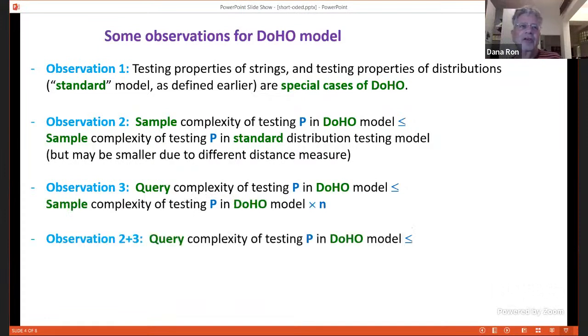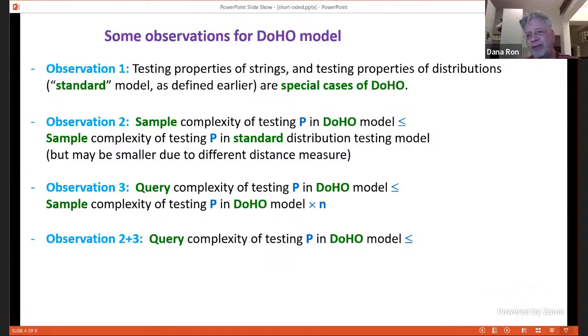Okay, so the third observation is really a triviality: what we really want to study is not so much the sample complexity in the DoHO model, which was the subject of the previous observation, but rather the query complexity in this model. And there is an obvious answer, that the query complexity in this model is just the sample complexity in this model times the length of the strings.